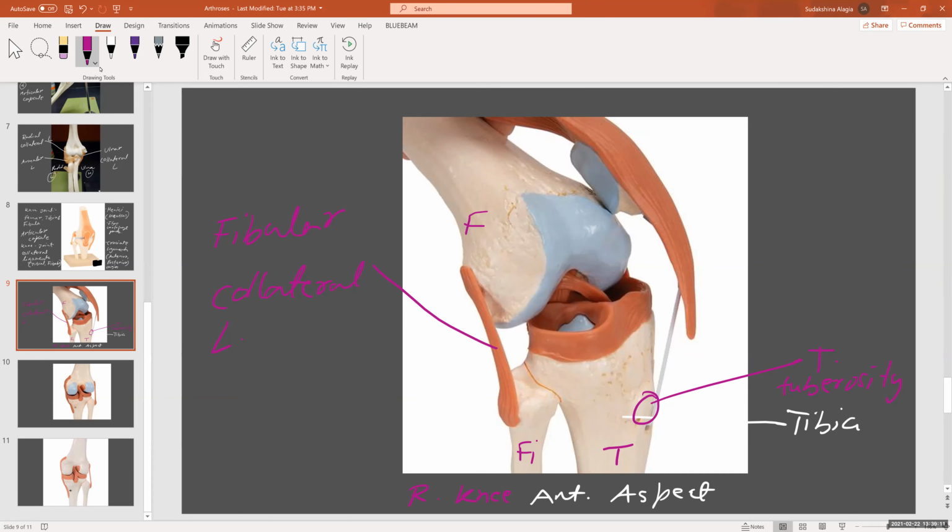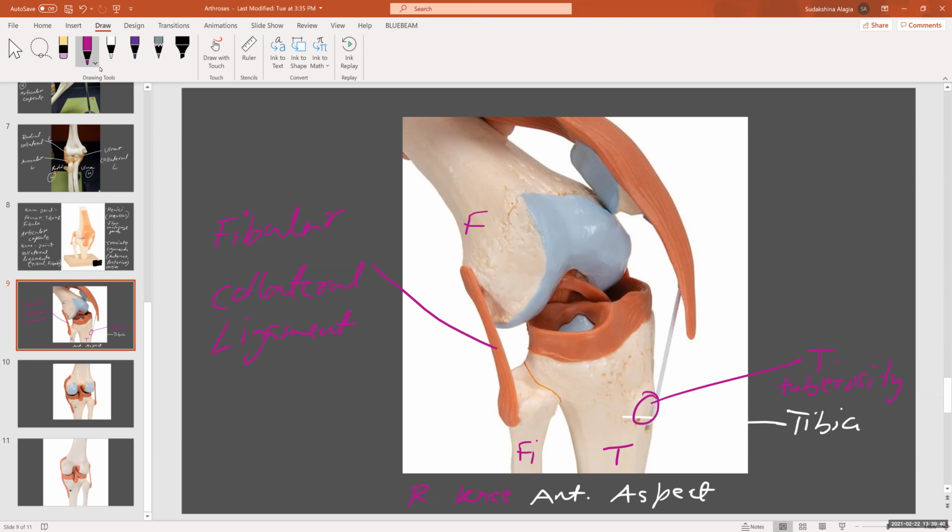Sometimes it's also referred to as the lateral collateral ligament, but it's better if you refer to this as the fibular collateral ligament. The tibial collateral is not visible here because of the angle of rotation. We are looking at much of the lateral aspect.